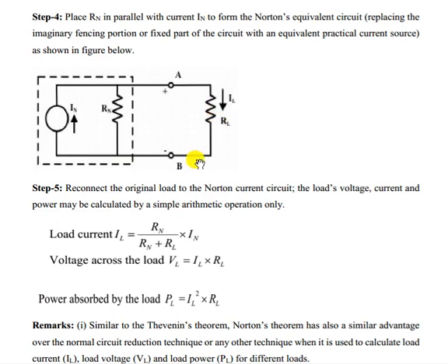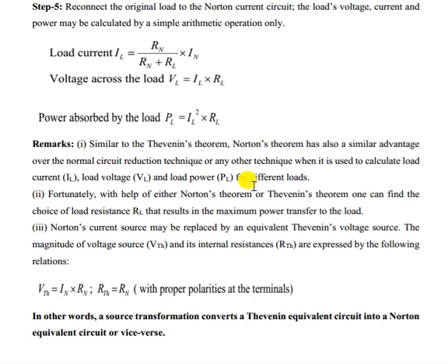We can also calculate the voltage drop across the load resistance, VL equals IL into RL. Power we can calculate as IL squared into RL. Similar to Thevenin theorem, Norton's theorem has a similar advantage over the normal circuit reduction technique. Using this technique, we can calculate load current, load voltage, and load power.